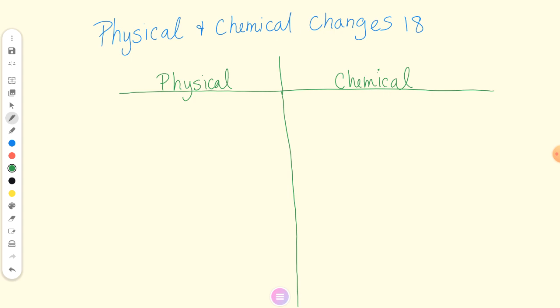A chemical change results in a new substance. A physical change, the substance stays the same.